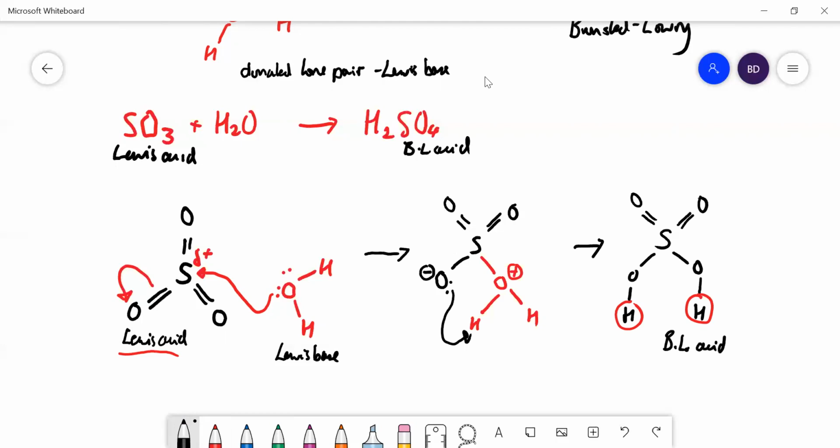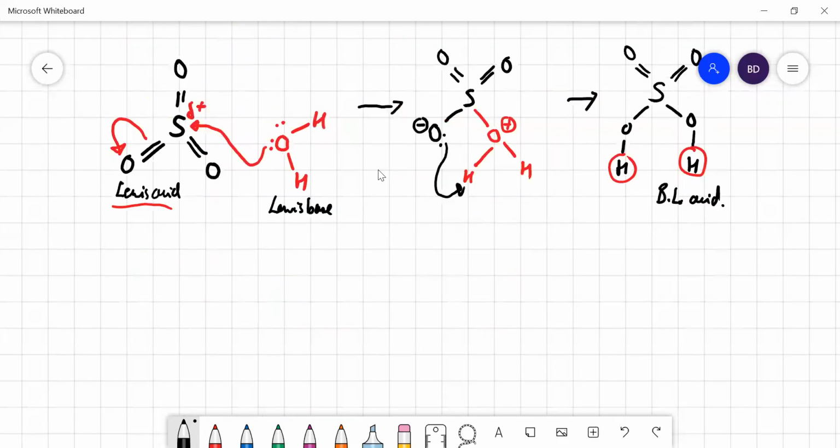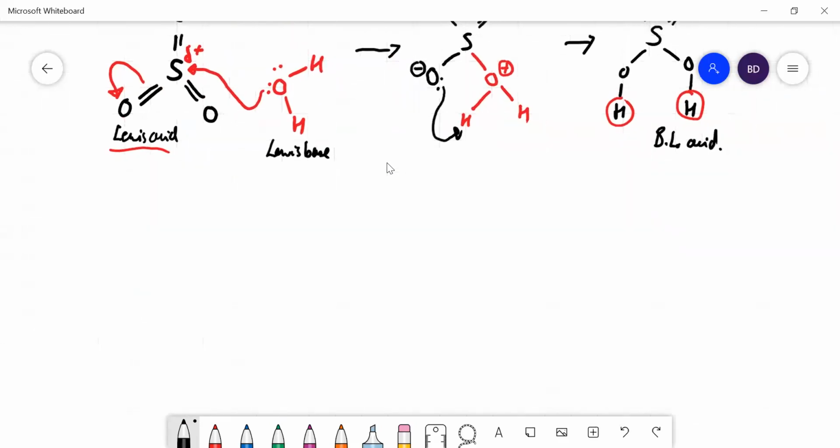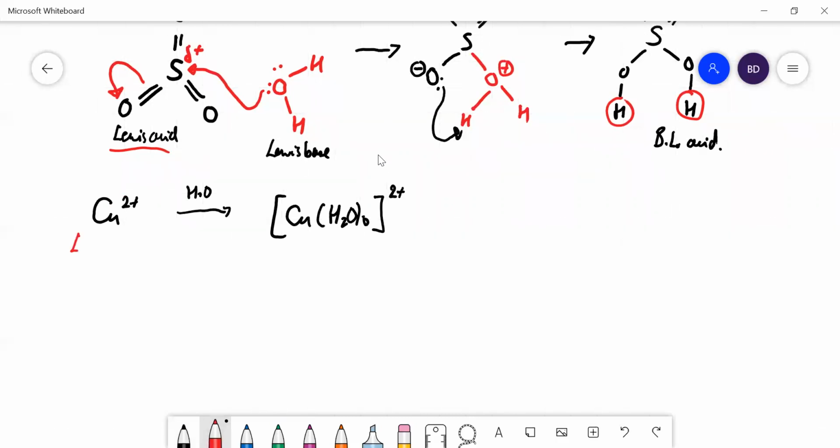Before we finish up, I'll remind you, if you've done transition metals already, how the hexaaqua ions can behave as acids. If we think of an anhydrous copper 2+ ion, if you add water, it's going to form the hexaaqua ion. Those waters form dative bonds to the central copper, donating pairs of electrons. So the copper is accepting the electrons, so that's going to be a Lewis acid.